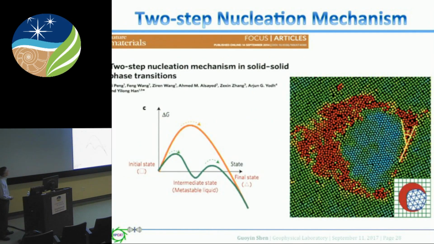This is actually also supported by a recent publication in Nature Materials, where they observed a so-called two-step nucleation mechanism in solid-solid phase transitions. This is an experiment based on a colloidal system.